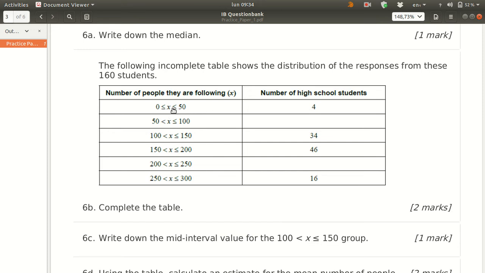So the mid value here would be 25, and then 75, and then we go up by 50: 125, 175, 225, and 275. And then do these multiplications.